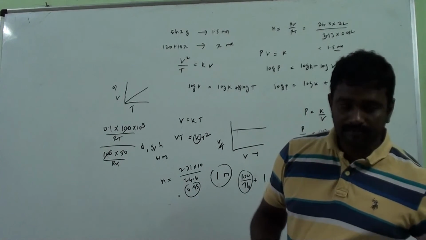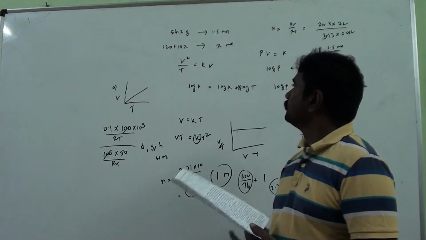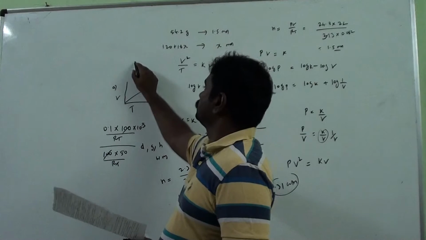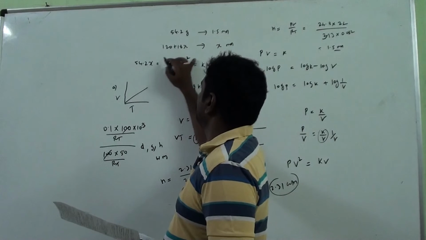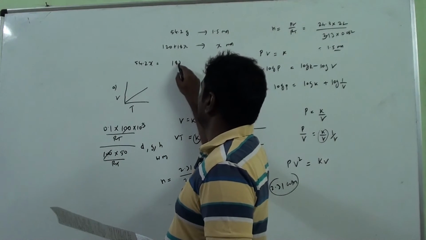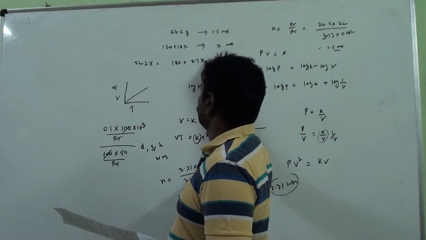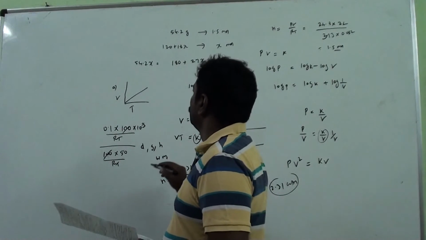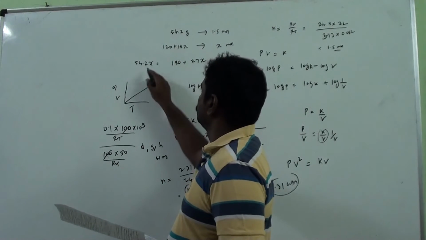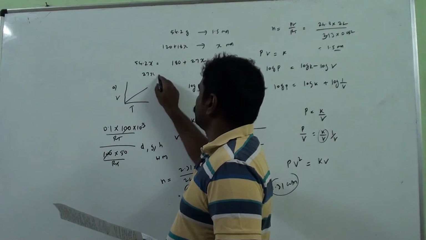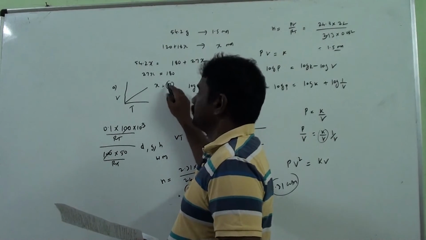So equate: 54.2x equal to 1.5 into 180 plus 1.5 into 18x, that is 27x. 54.2x minus 27x, so almost 27x equal to 180. x is 7, sir. Okay.